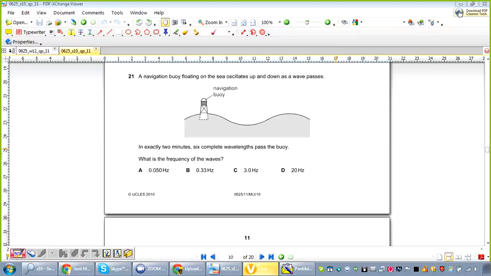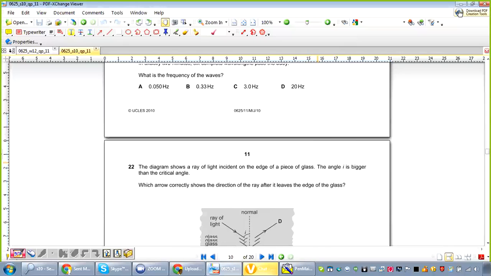Number of waves per unit time. So 6 wavelengths divided by 2 minutes means 120 seconds. So 6 upon 120, that is 1 upon 20, that is 0.05. Okay, so the option is A.